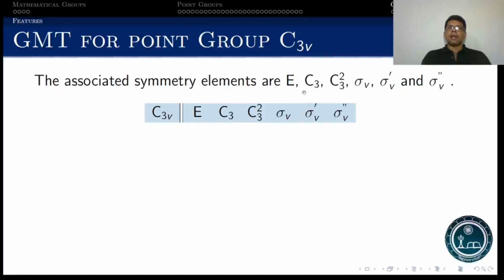So, let me conclude that the various symmetry elements are the identity element, C3, C3 square, and three sigma V planes: sigma V, sigma dash V, sigma 2 dash V. Then you draw the top label row, and on the left you represent the column labels.